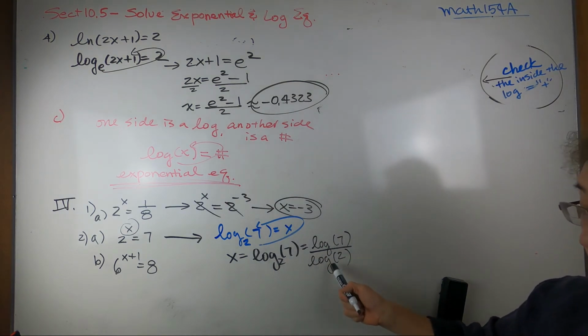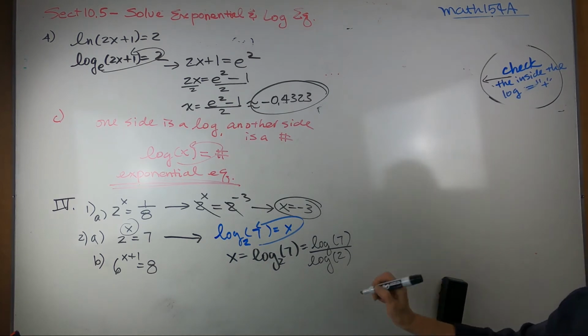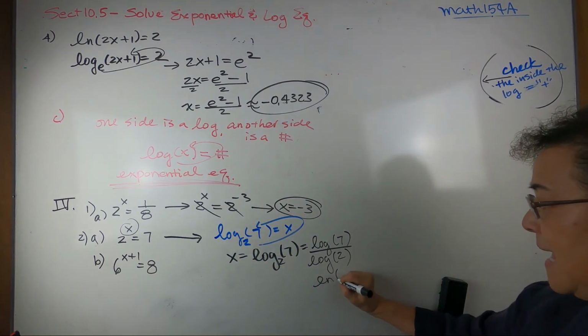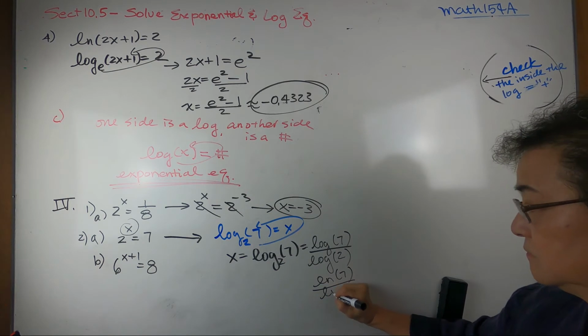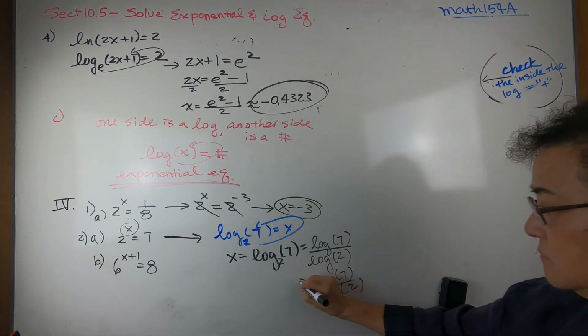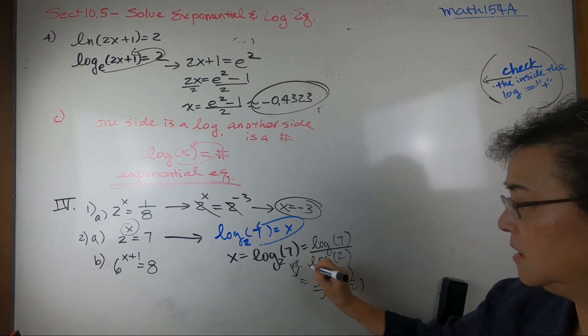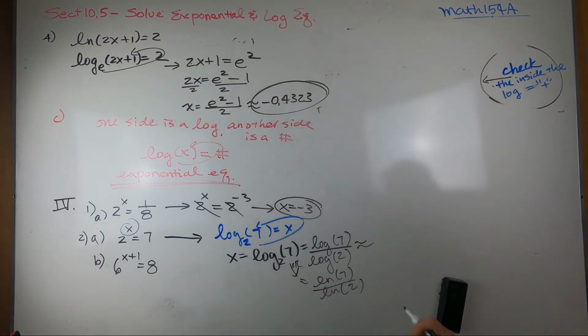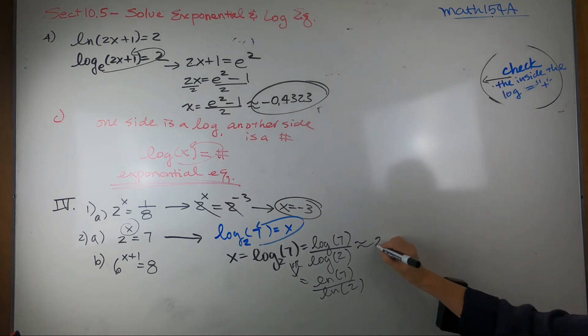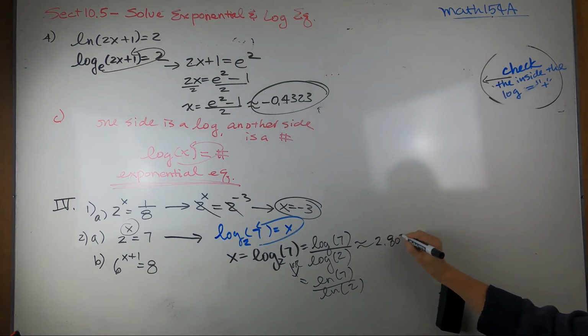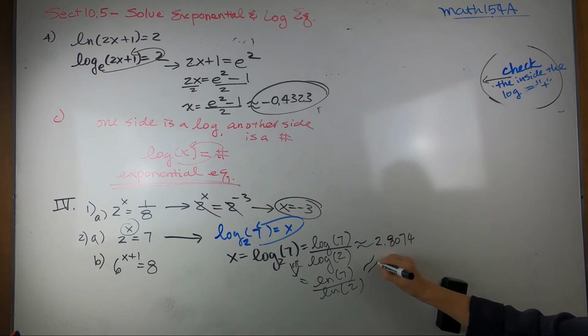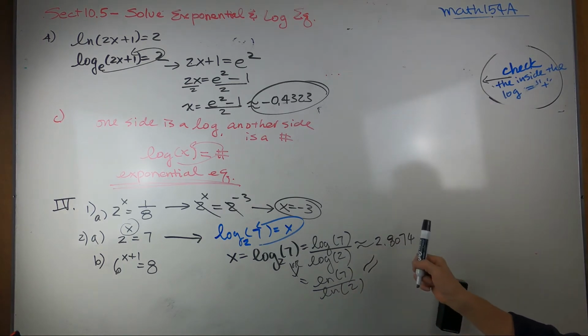So you change it to common log, or you can change it to what? Natural log. Either way, okay? Or you can do that. Then you will find the answer 2.8074. Or you can use this one, you will still have the same answer.